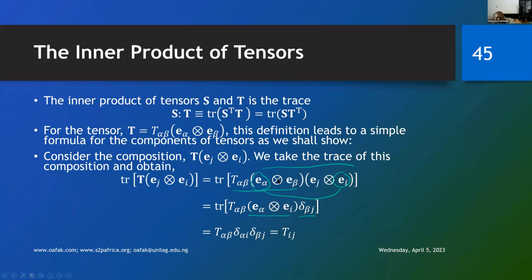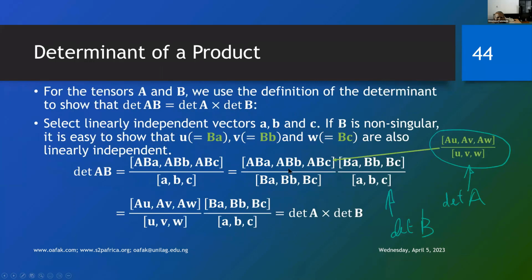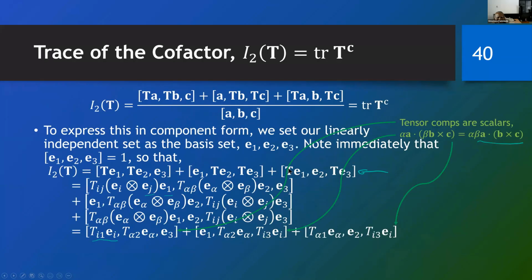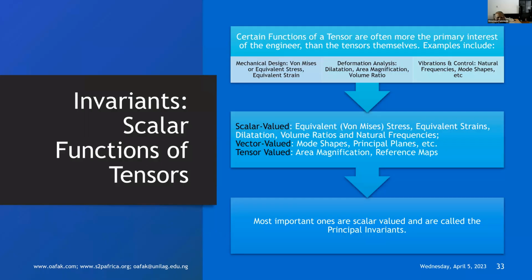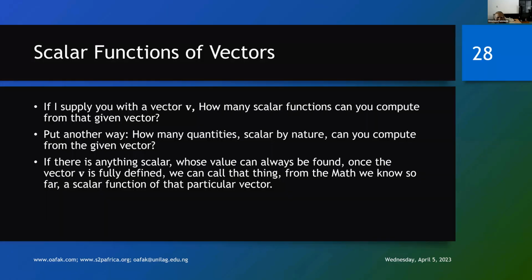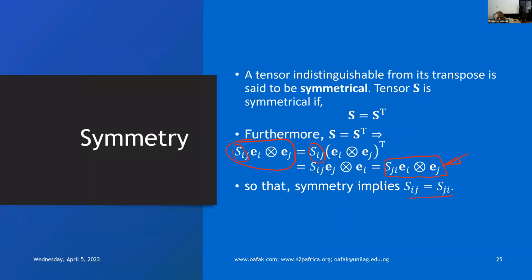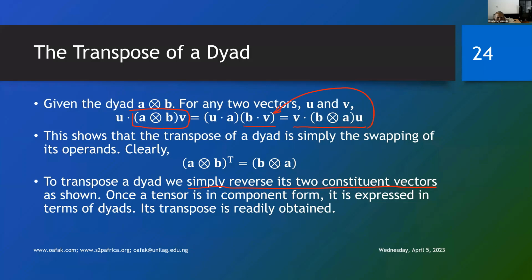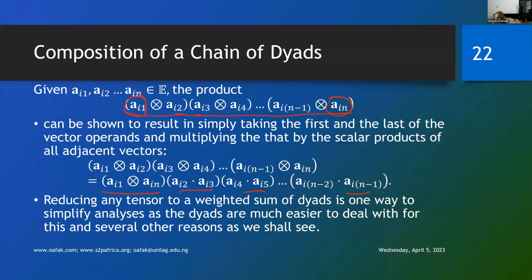What are you talking about, James? James, you are forgetting something. Let me show you what you are forgetting that we have dealt with. James, do you remember this page 22? What happens when you are doing the composition of a chain of dyads?